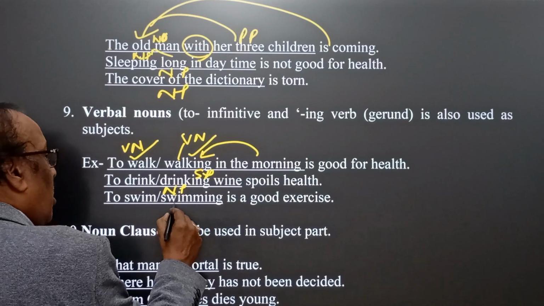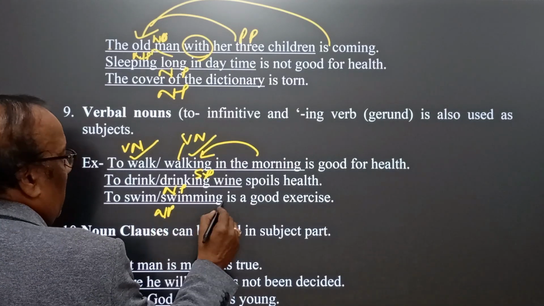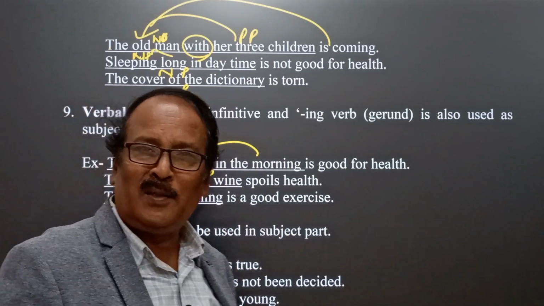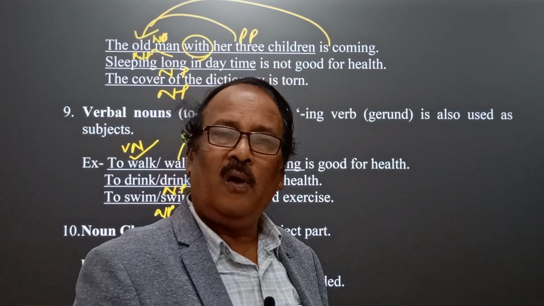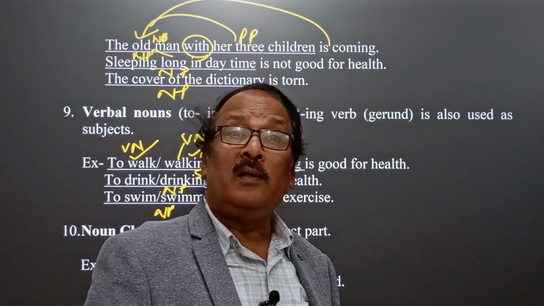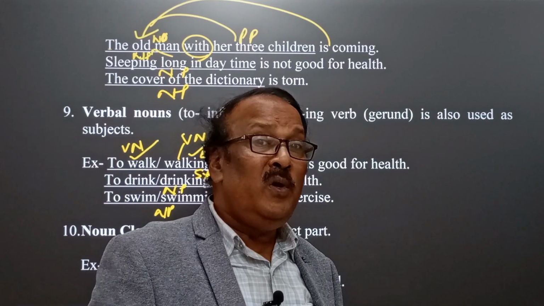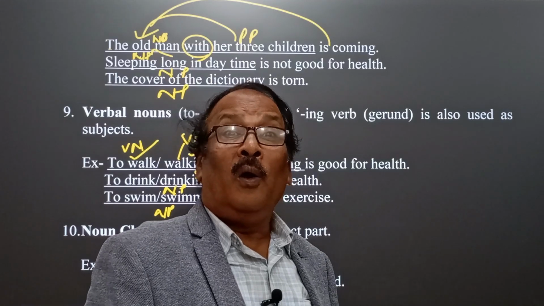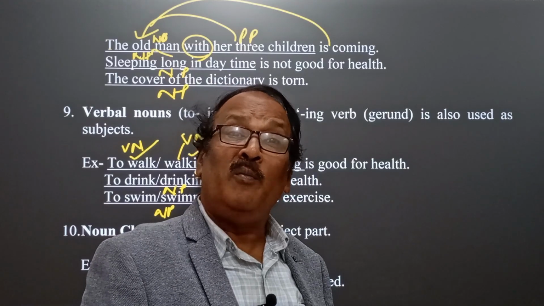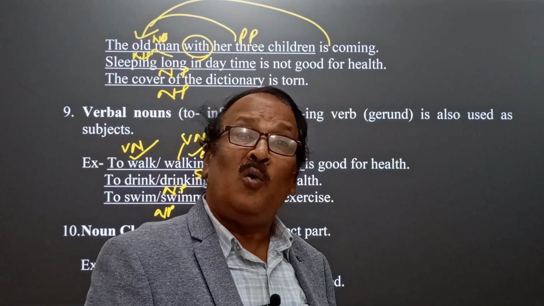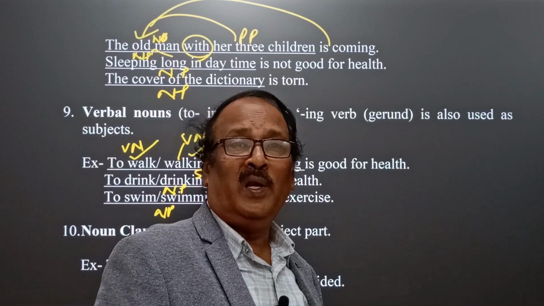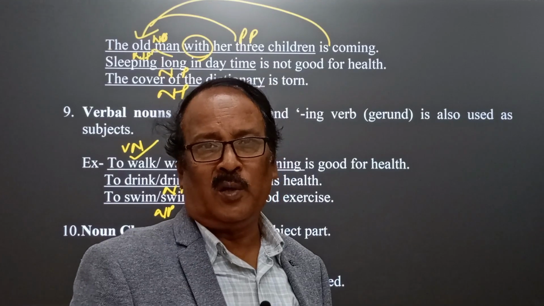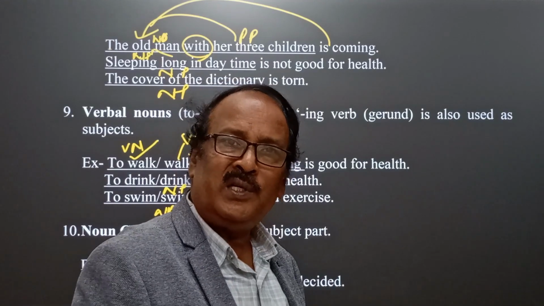To swim or swimming, noun phrase, is a good exercise. Yes, my dear students, this is also a very amusing idea, to know how the to infinitive or the present participle as a gerund can be used as a noun phrase, that is, what we call the subject part in our sentence construction.